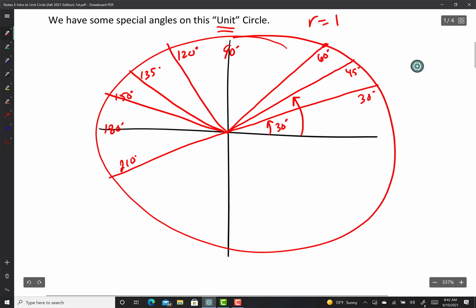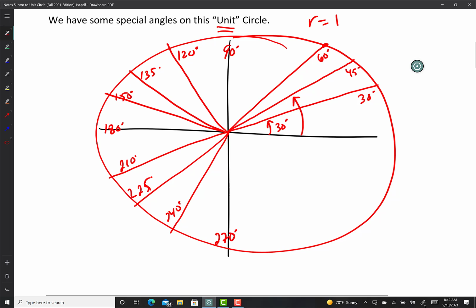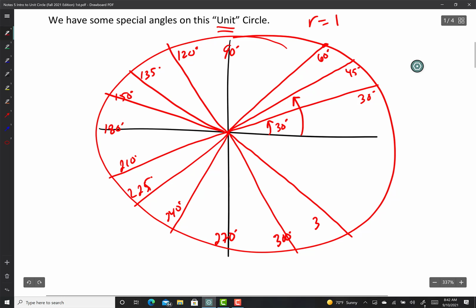Then 210, 225, 240, 270. Sorry if it's not perfect. Eventually it'll get perfect. Then 300, 315, 330. And once you do a complete revolution, I'm going to put 0 and 360.